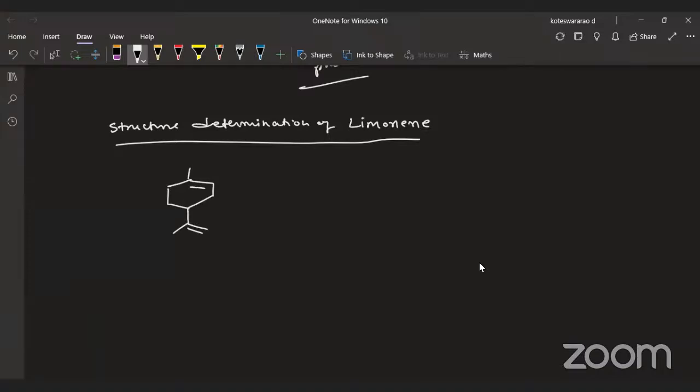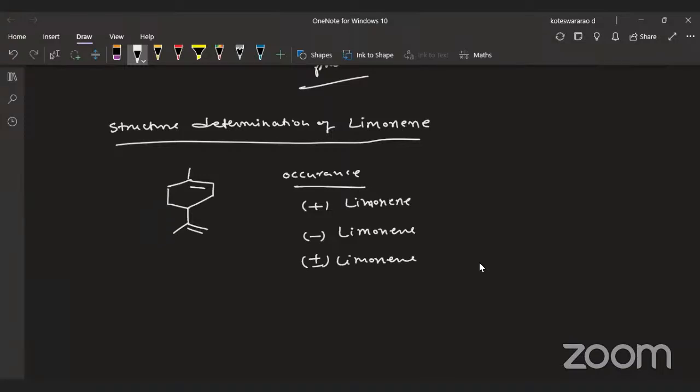Now, where it is occurring, the isolated occurrence. Limonene is isolated in three forms based on the optical activity: the plus limonene, the minus limonene, and the racemic mixture also.